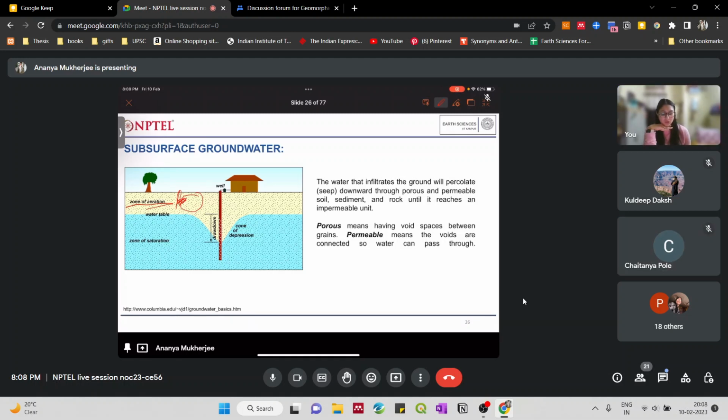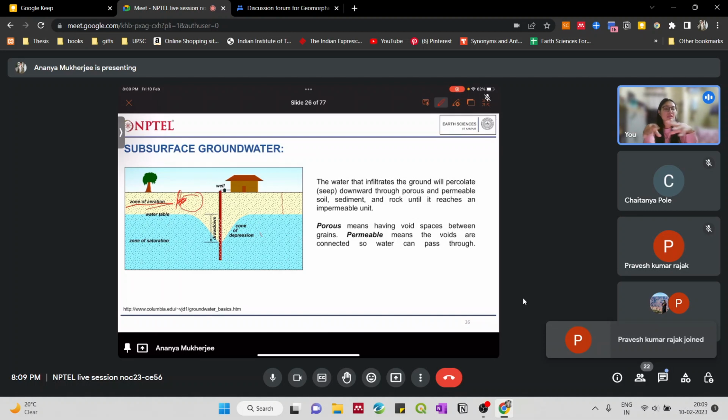So the water trickles down through the zone of aeration and the zone of saturation, which could be an aquifer. The aquifer will get saturated, and the layer above the aquifer also has air in the pockets, because mostly the top layer is going to be loose soil, loose sand.